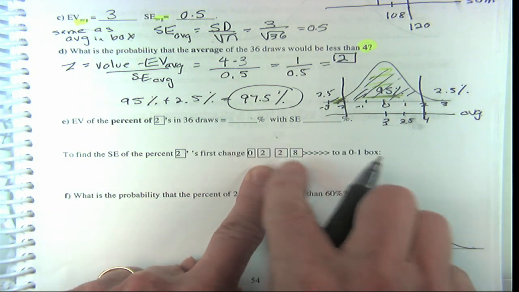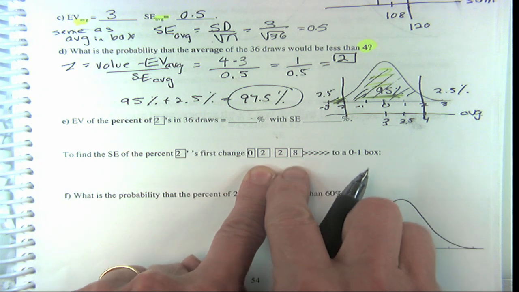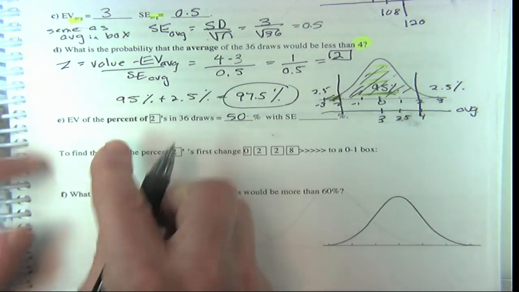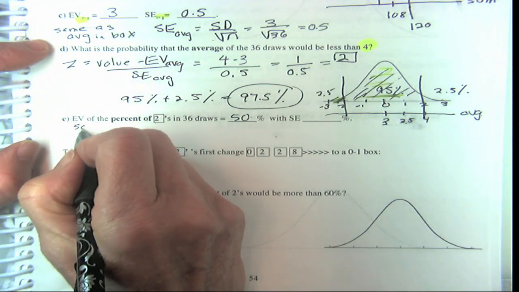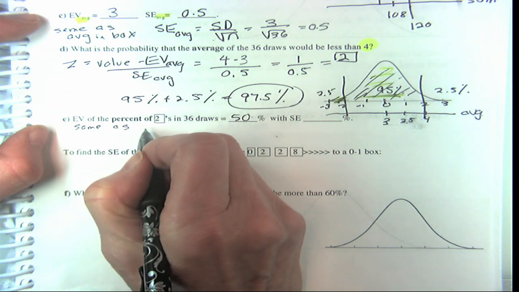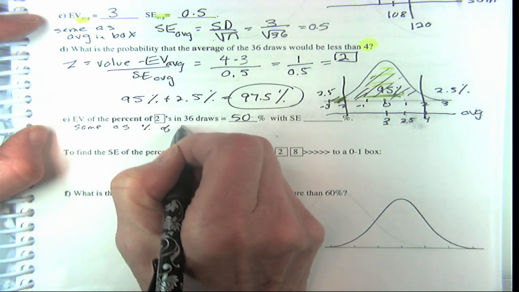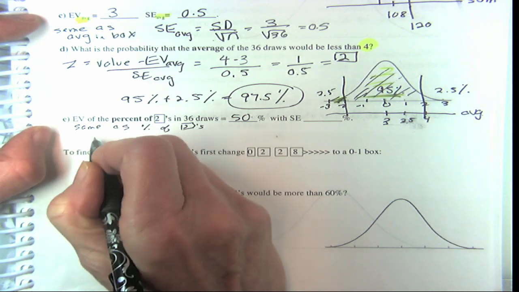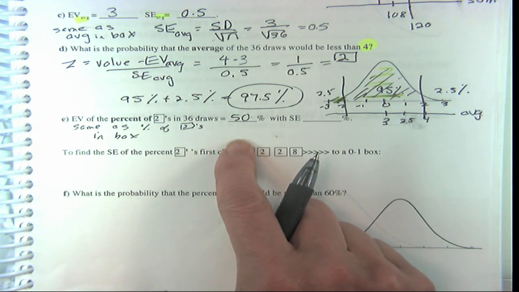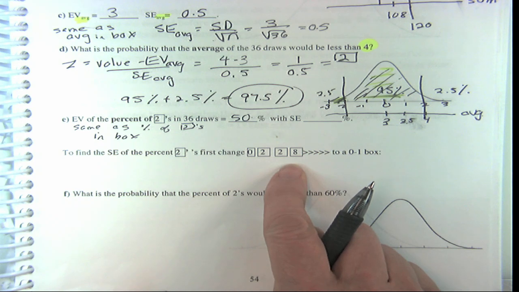What we'd expect in our sample is the same as what we know in our box. So that's just going to be, there's 50% 2's here. So just like for the average, the expected value of your sample percent is just going to be the same as the percent in the box. So there's really nothing you have to do there.